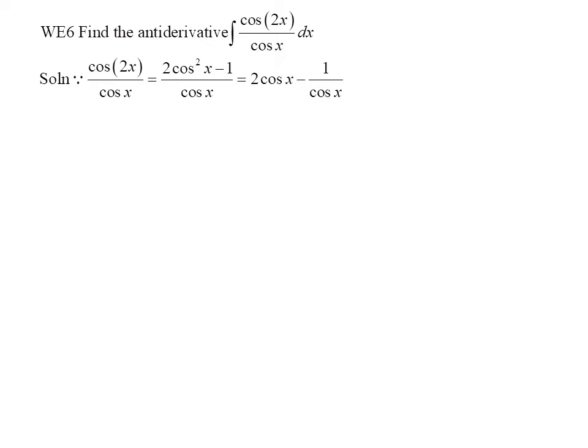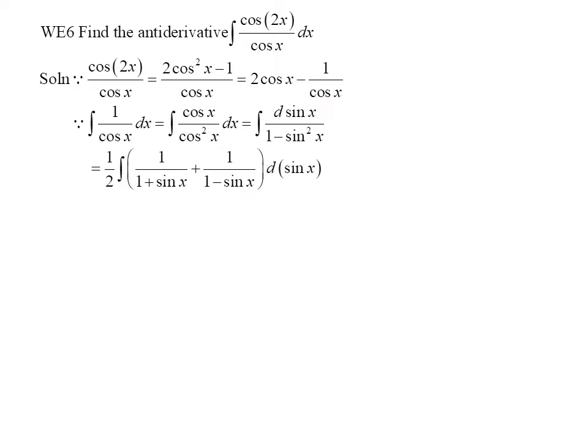Example 6 here is to find the antiderivative of the integral of cos 2x over cos x dx. Since the integrand can be written as (2 cos squared of x minus 1) all over cos x, it can be simplified to 2 cos x minus 1 over cos x. Since the integral of 1 over cos x dx can be written as the integral of 1 over (1 minus sine squared of x) d sine x, which equals 1 over 2 times the integral of (1 over 1 plus sine x plus 1 over 1 minus sine x) d sine x.